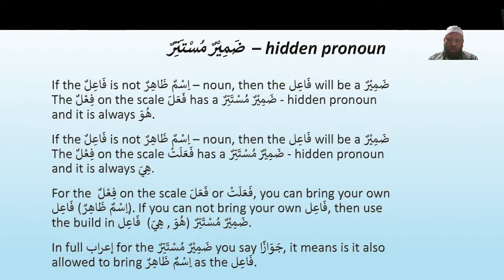And this damir was brought as allowed, as permissible, jawazan. So in full Arab, we say damirun mustatirun jawazan. It means it is also allowed to bring ism zahir as the fa'il. Or we can say another way, it is allowed to bring damir mustatir as the fa'il.